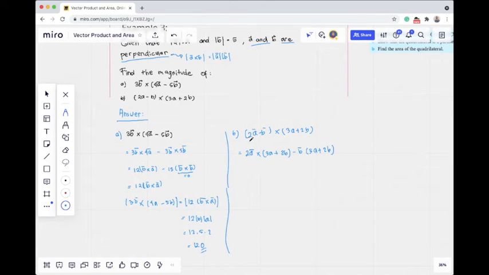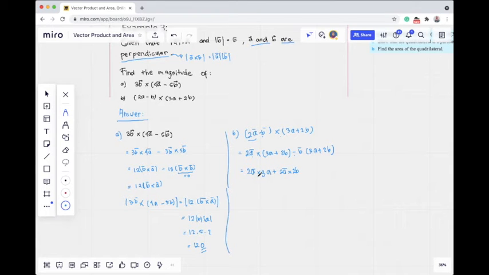So first I write 2a times the whole 3a plus 2b, and then minus b cross the whole thing. Then I will open the bracket: 2a cross 3a plus 2a cross 2b.